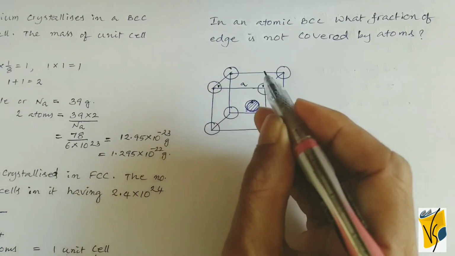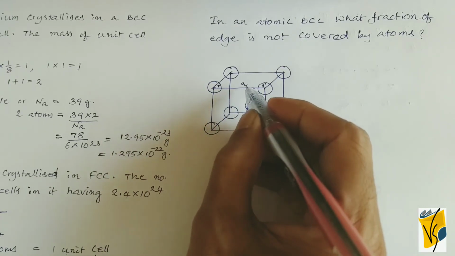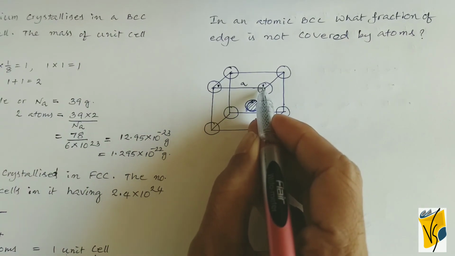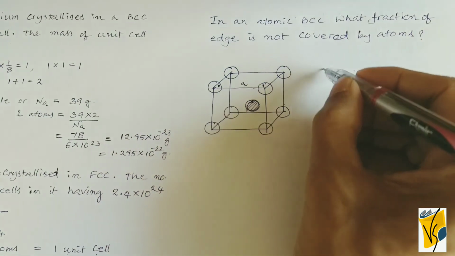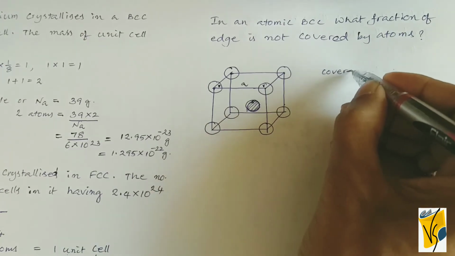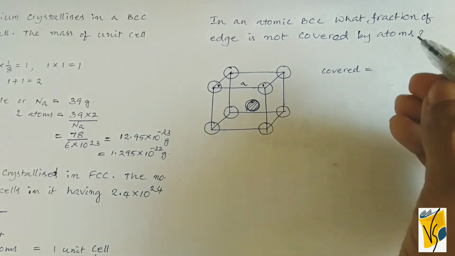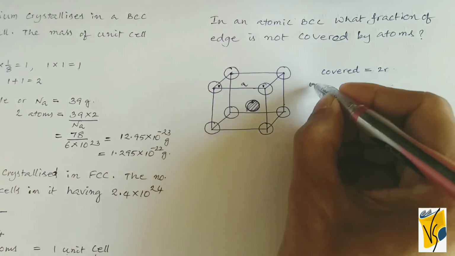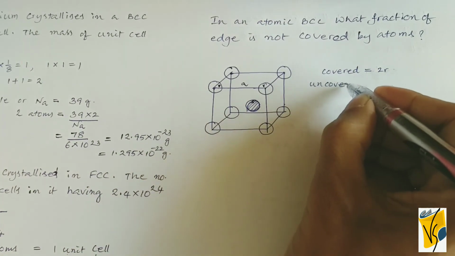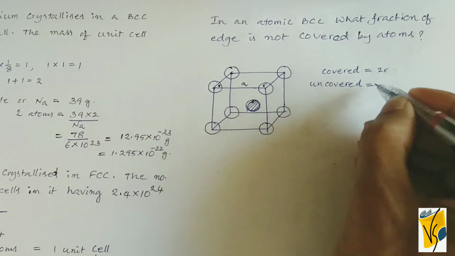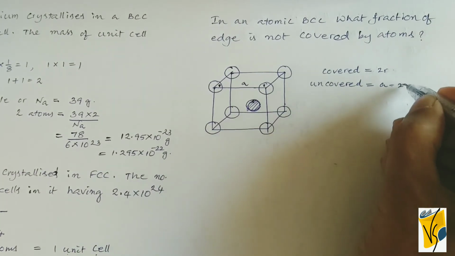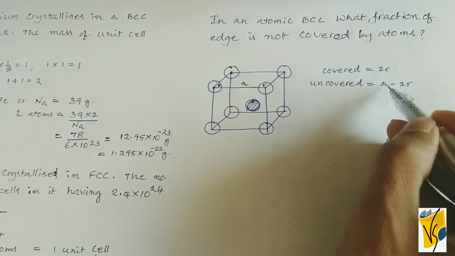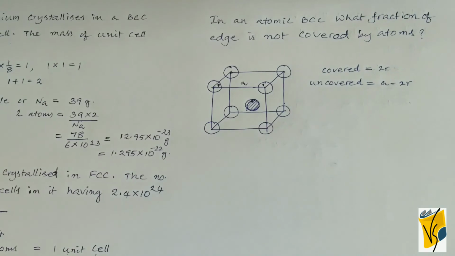So let us consider the edge as A. The covered portion along the edge is 2R, and the uncovered portion is equal to A minus 2R. So this is the edge length, the covered portion is 2R, and the uncovered portion is A minus 2R.